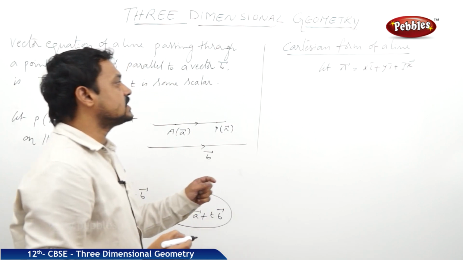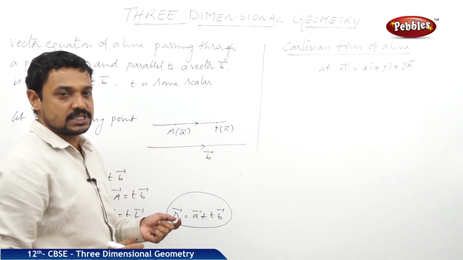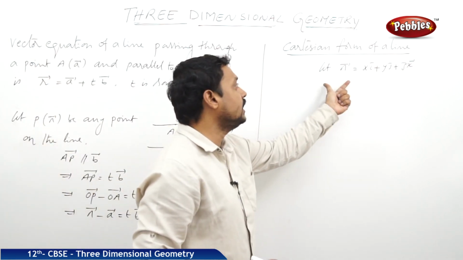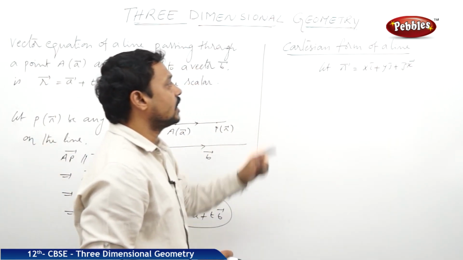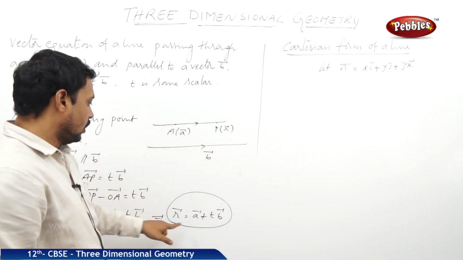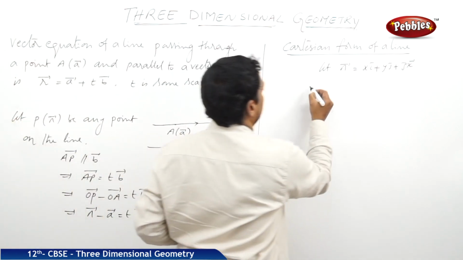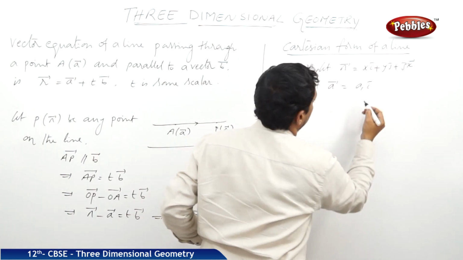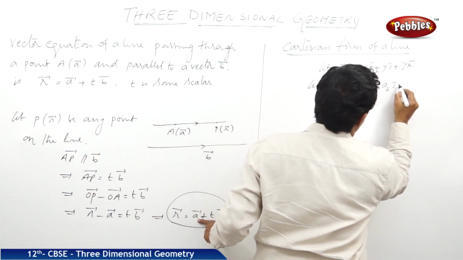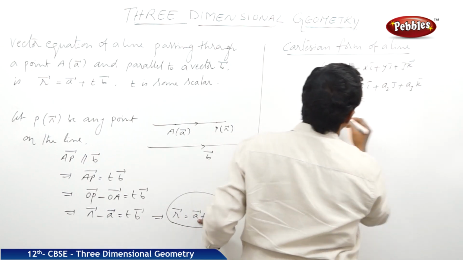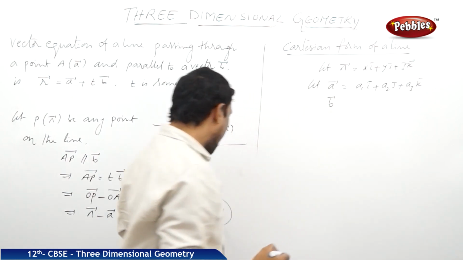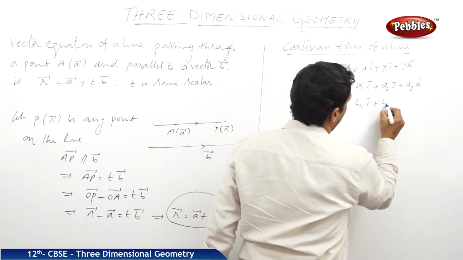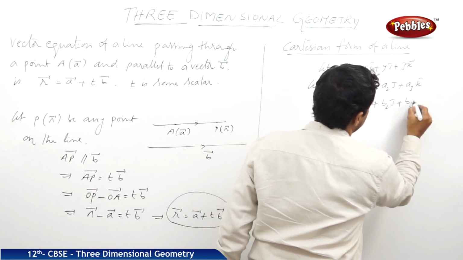Now x, y, z is a general point in space, as well as on the line. So the position vector of that point is xi plus yj plus zk, known as the general vector. And suppose the vector A bar is a1i plus a2j plus a3k, and the parallel vector B bar is b1i plus b2j plus b3k.